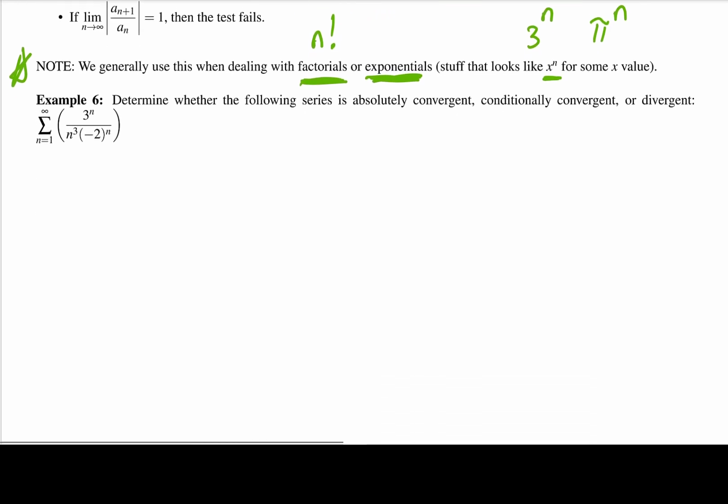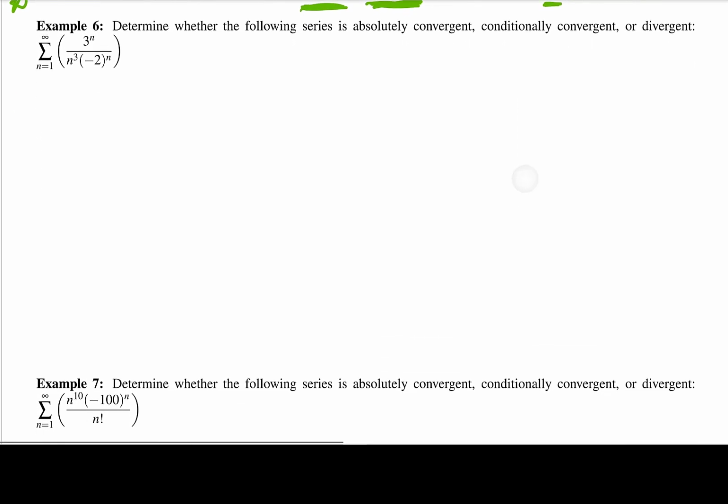Okay, so let's look at example 6. We want to determine whether this is absolutely convergent, conditionally convergent, or divergent. So when I see that we've got this 3 to the n, we've got a negative 2 to the n, and I've got an n cubed, right? This n cubed right here is what's telling me I'm probably not going to use geometric series, right? Because in geometric series, we always have constants to some power.